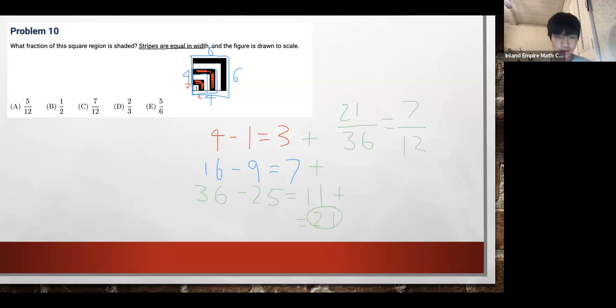Now, it is kind of tempting to look at the question and just say that it is B. I mean, 7/12 is pretty close to 1/2, but each of the black pieces is slightly bigger than the corresponding white piece. So for instance, this piece right here is slightly bigger than this piece right here.